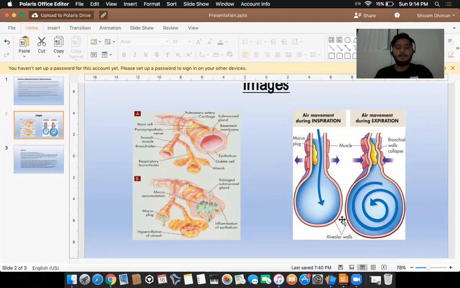Then comes the auscultation of the lungs. It identifies diminished breath sounds because all the air is trapped inside the alveoli and there is obstruction in the normal passage pathway. The amount of air inspired is much more than the amount of air expired.